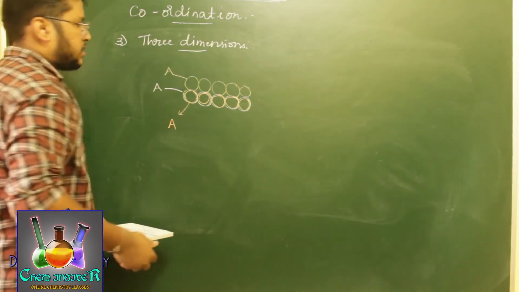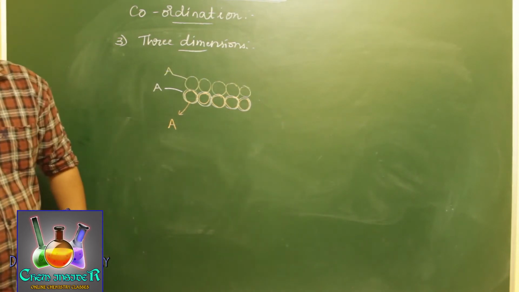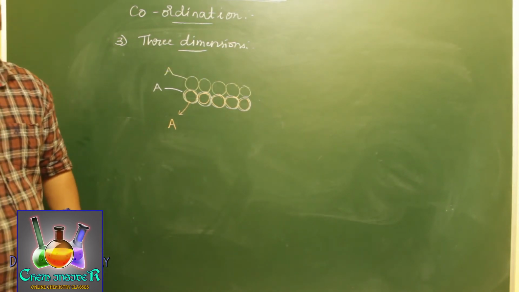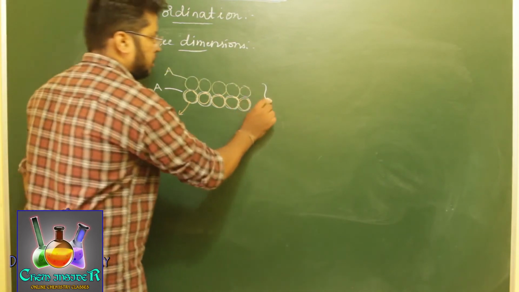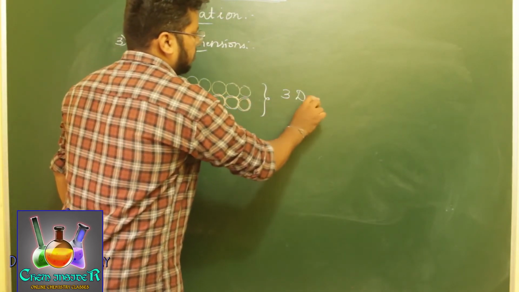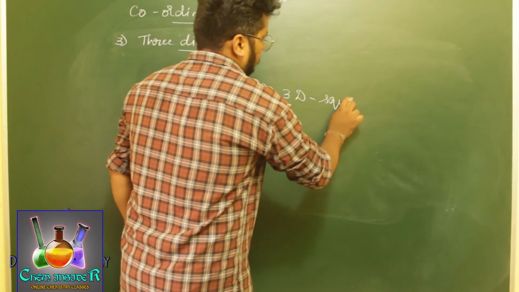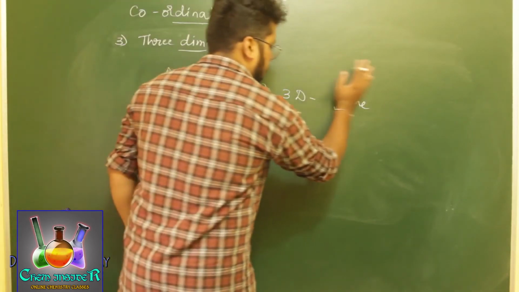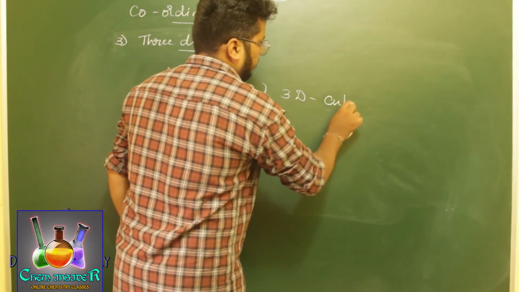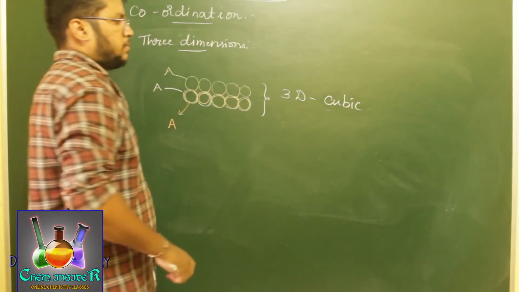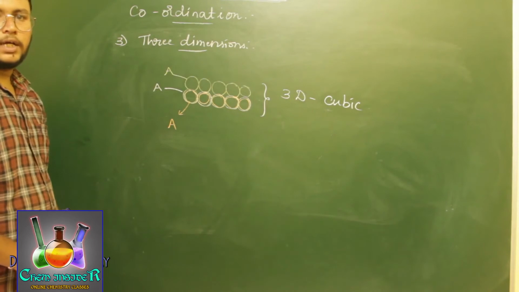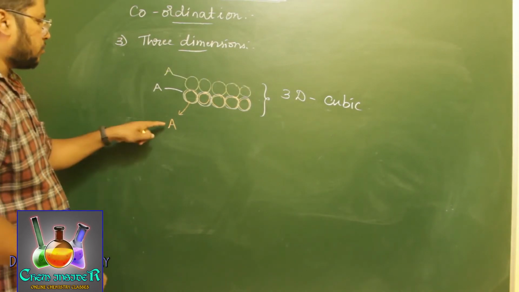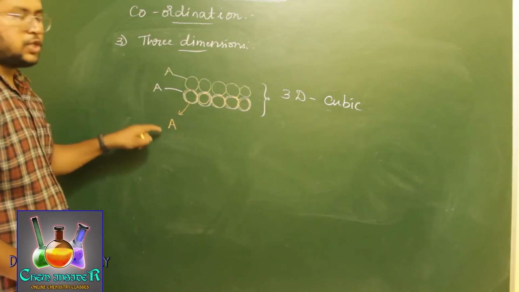So this is square dimensional A type of arrangement. So square dimensional, three-dimensional square geometry. Now instead of calling it square, we will call it as cubic arrangement. We call it as cubic arrangement, three-dimensional cubic arrangement of atoms. So 1, 2, 3, three-dimensional cubic arrangement.